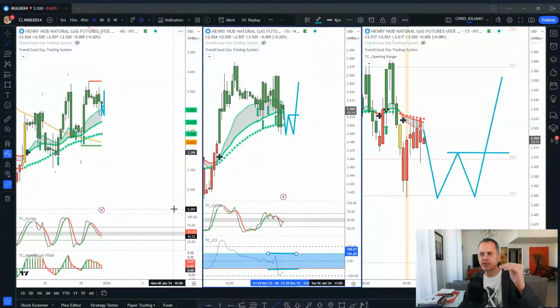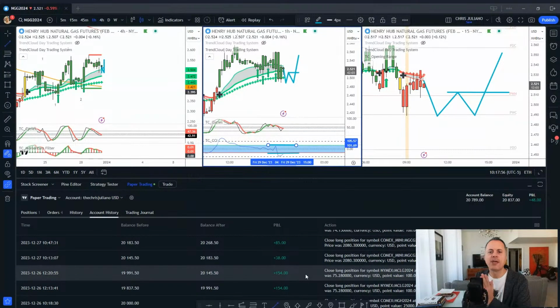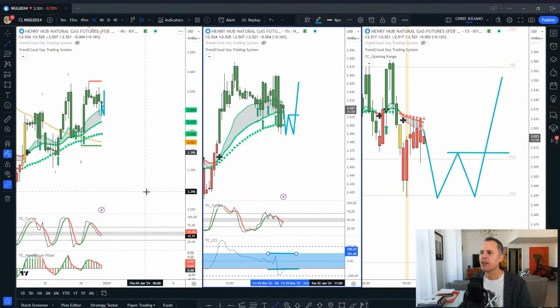Stacking information on top of itself and making it a visual representation on your chart. That's what gives you results in your simulator so that you can take that with you into the live account, okay? That's what needs to be done.